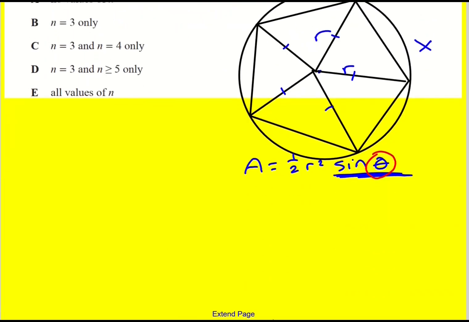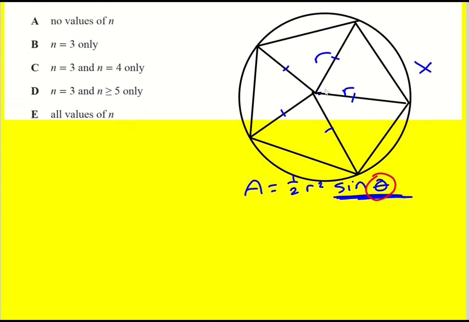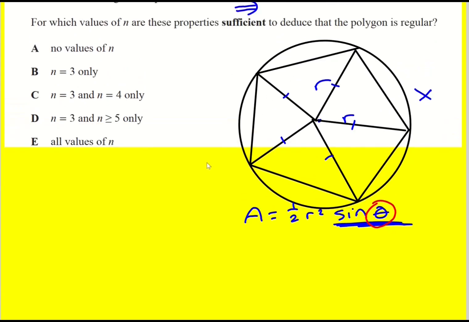I'm going to stick with 5 for the moment. So if I've got my 5-sided shape, here's the thing: sine theta is the same as sine of 180 minus theta.